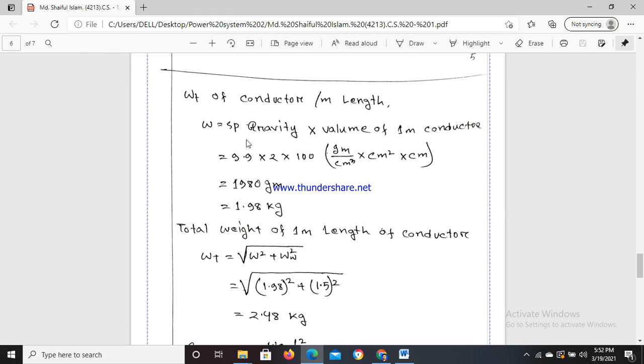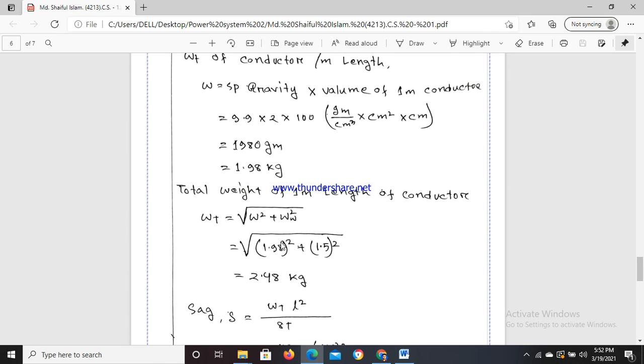This is the calculation. Specific gravity 9.9, volume of conductor 2 into 100 cm into cm square, calculated as 1980 gm, 1.98 kg per meter.